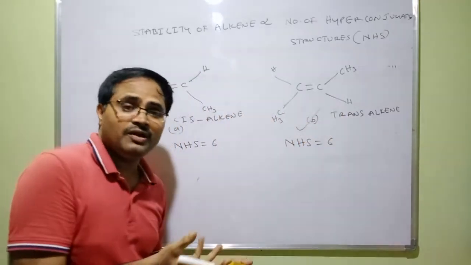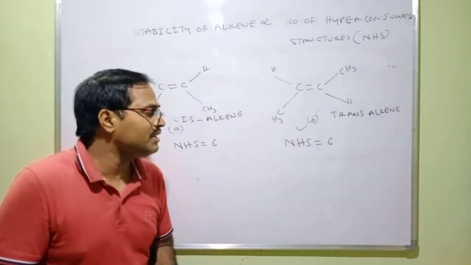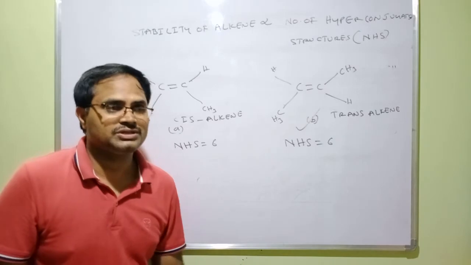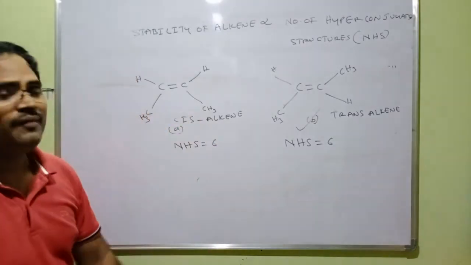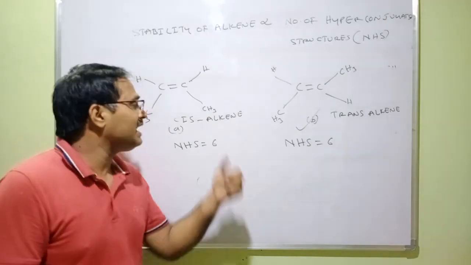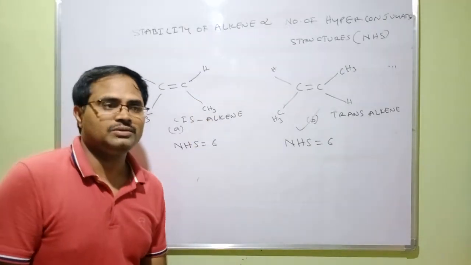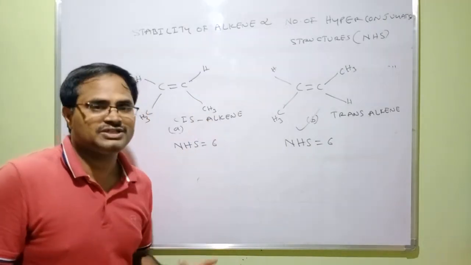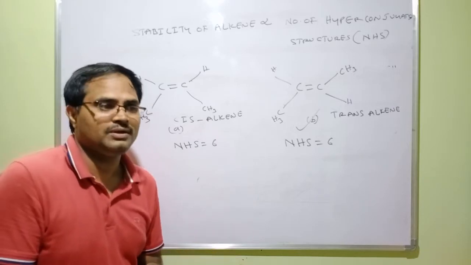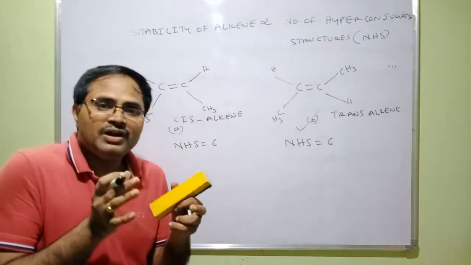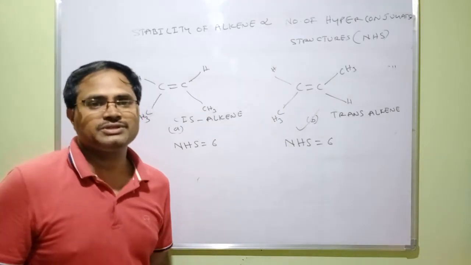So here the stability of the alkene we did not explain based on hyperconjugated structures. We explained it based on the position of the groups present around the double bond. In general, cis alkenes are less stable, because cis alkenes create more repulsion within the molecule, whereas trans alkenes reduce the repulsions.